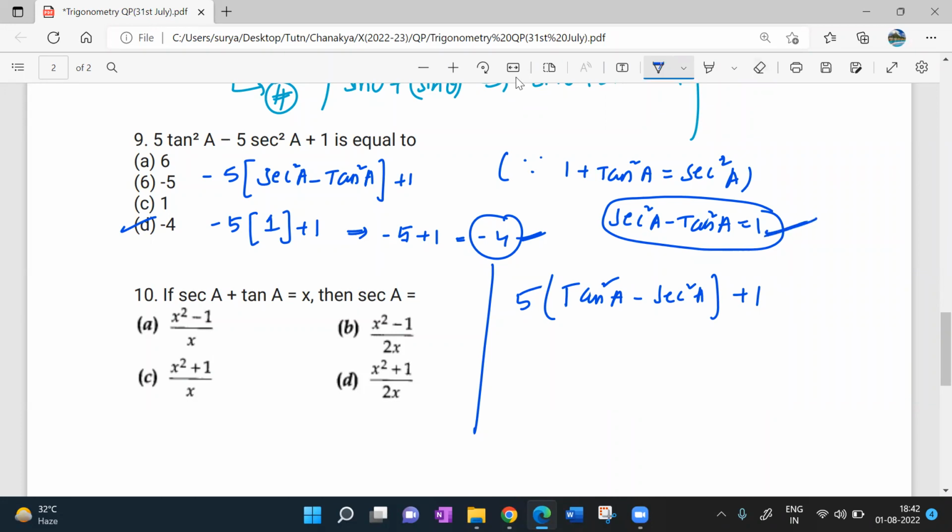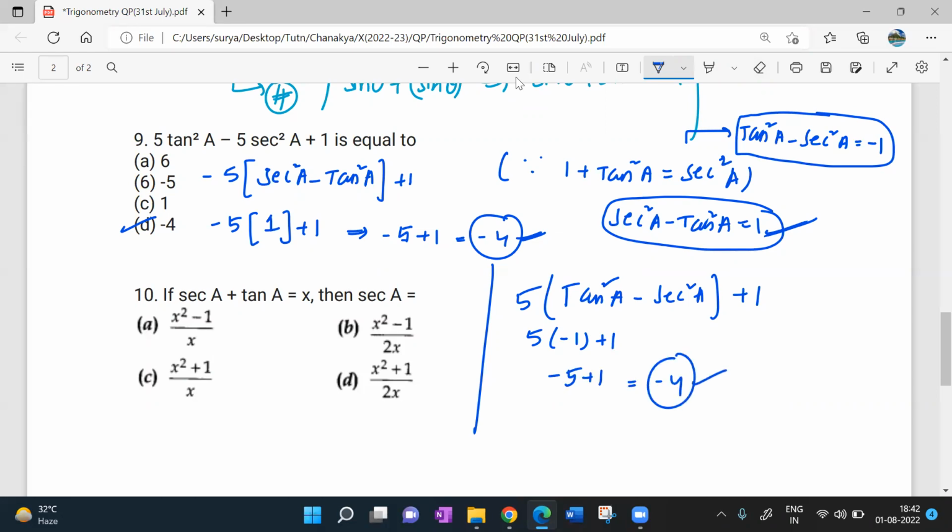Tan square A minus secant square A is -1. So substitute -1: -5 plus 1 is again -4. Anyway you solve it, this is my standard result: -4.